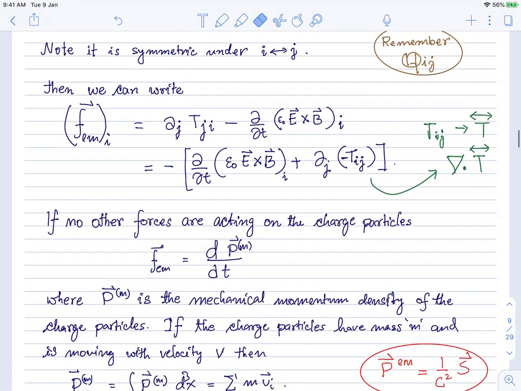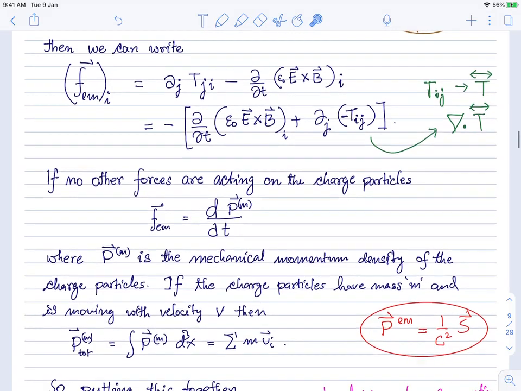Now we see here we have force density. And because this is force density acting on the charged particles, this will determine the rate of change of mechanical momentum of the charged particles. This is just Newton's law.